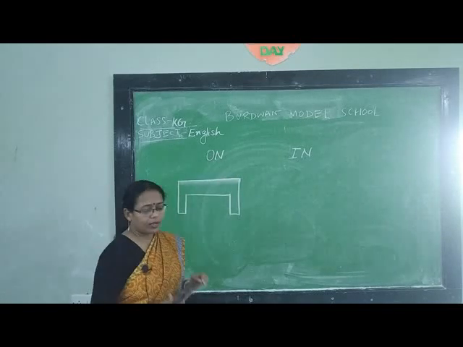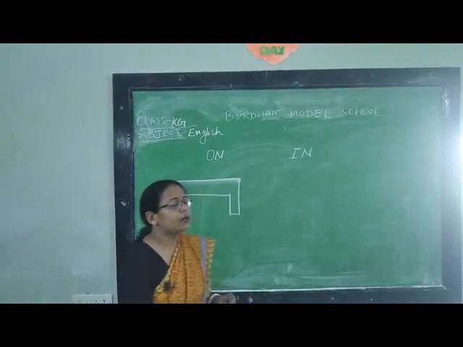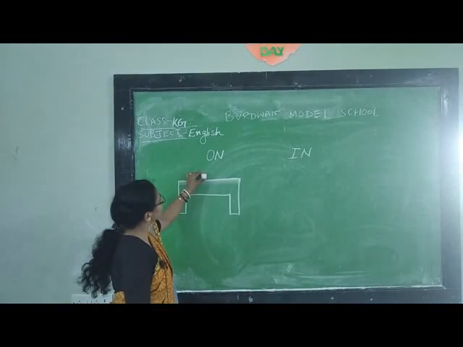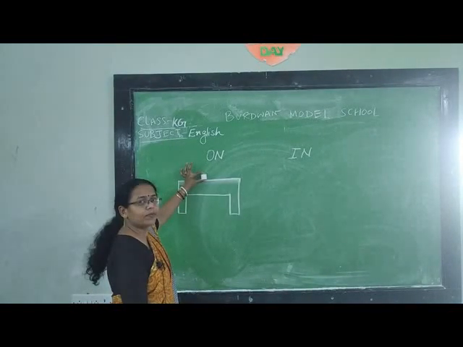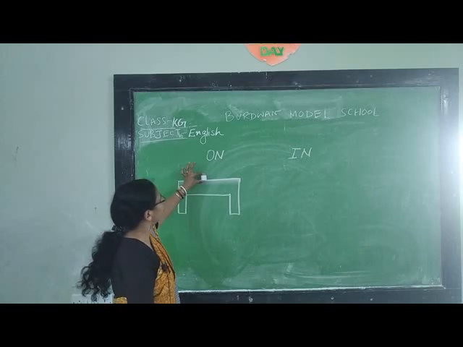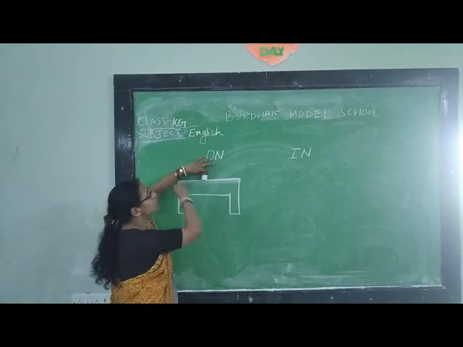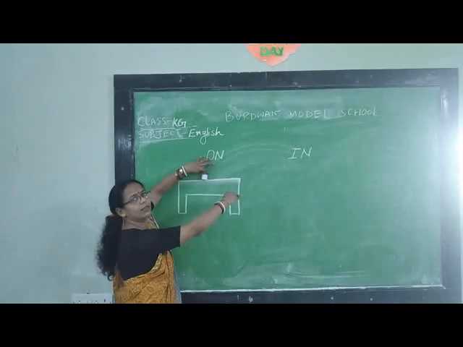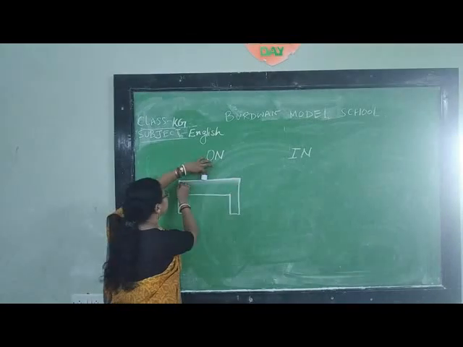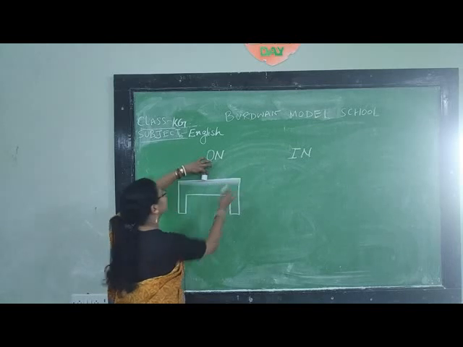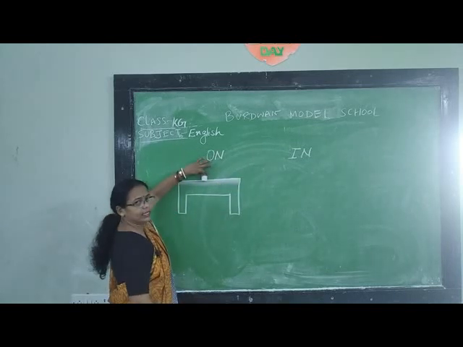Now, if I am keeping this small bottle over here, that means the bottle is kept on the table. On the table. This is the surface, and we are keeping it on it.